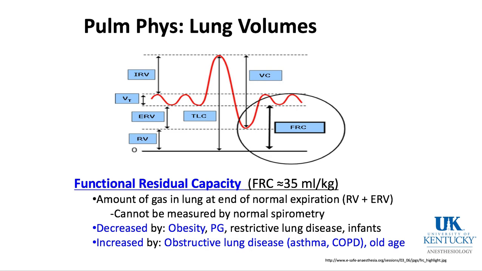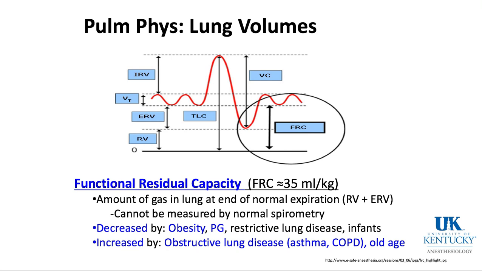You cannot measure FRC with normal spirometry because you cannot measure residual volume, which is the air that's trapped in the lung, and FRC is made up of expiratory reserve volume plus residual volume. Now, what are some things that decrease FRC? Well, obesity and pregnancy, things that push up on the abdomen and push up on the bases of the lung.